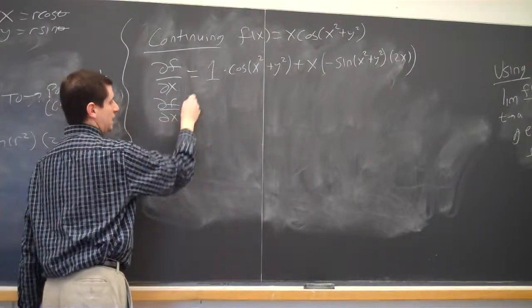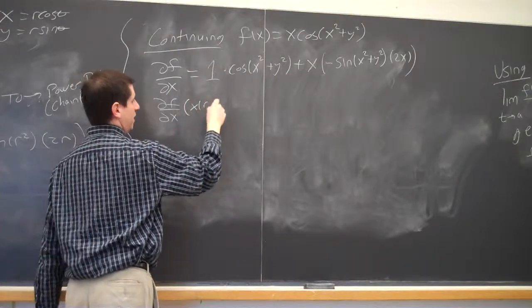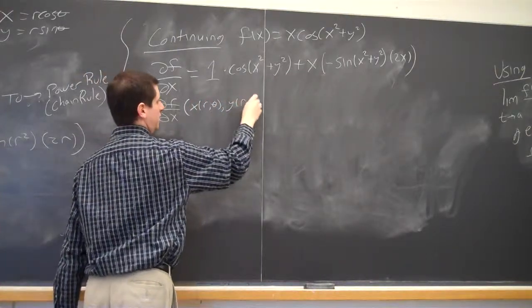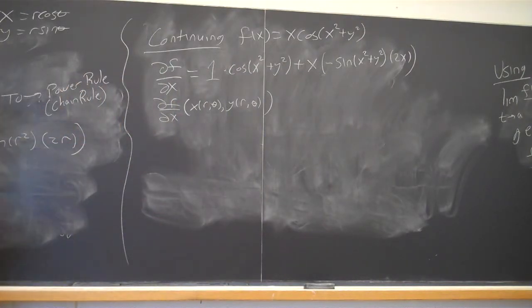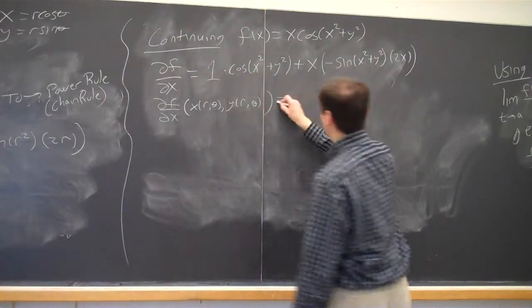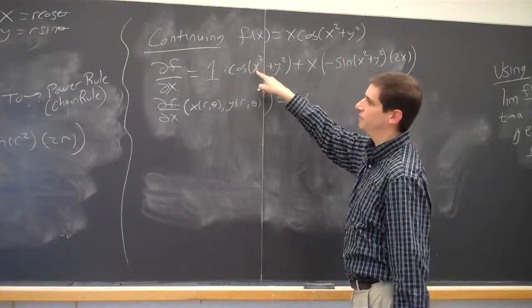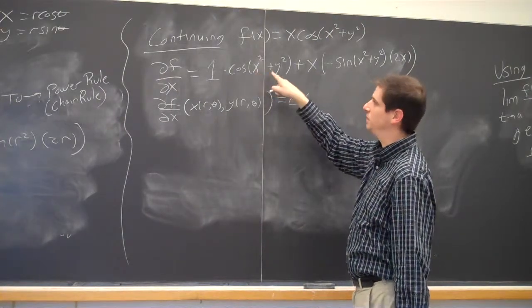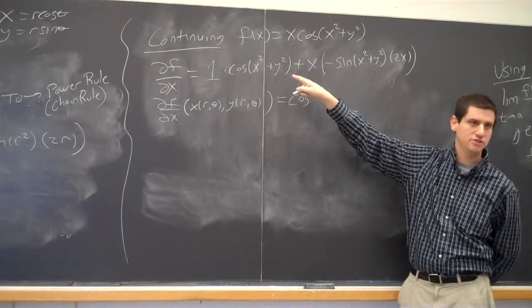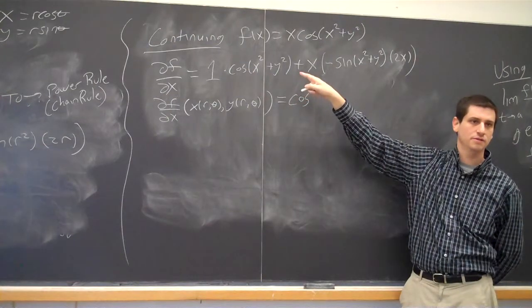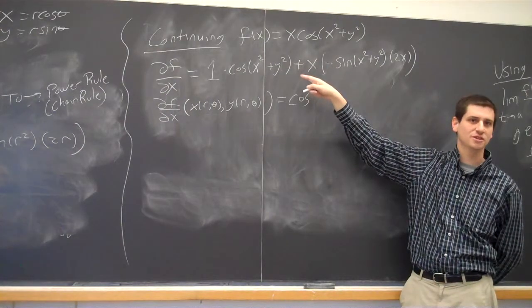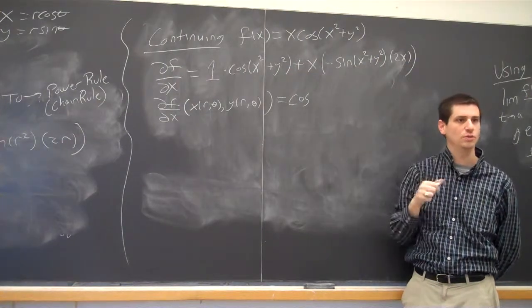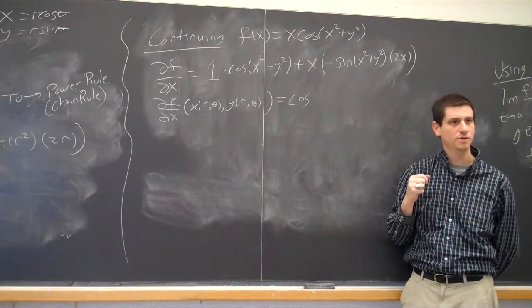So I want df dx at the point x of r theta, y of r theta. Okay? Alright, so now the first place just becomes cosine of r squared cosine squared plus r squared sine squared. And that's just, so r squared cosine squared plus r squared sine squared is just 1. Not 1.